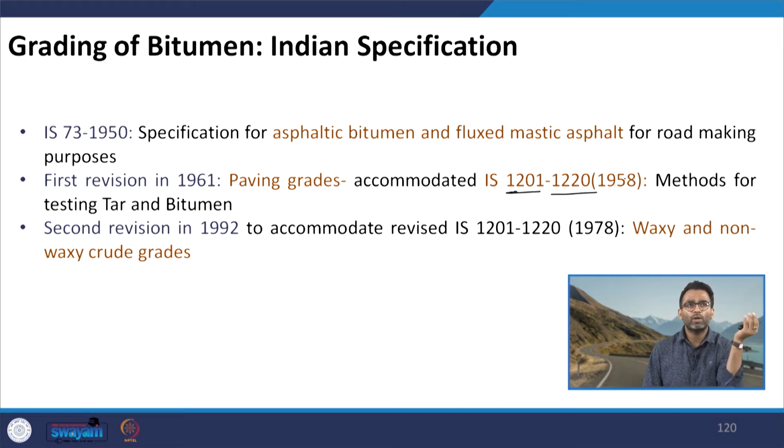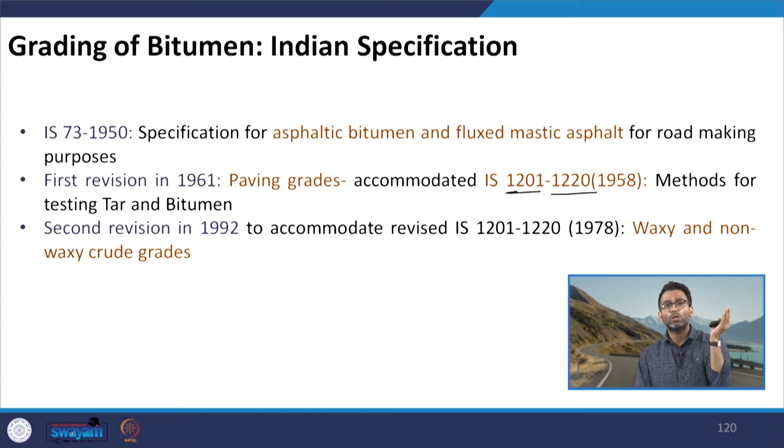So, it was found that bitumen with high wax content at low temperatures, they are more susceptible to thermal cracking because they become very stiff, and at high temperatures they become excessively soft. Though these different bitumens, the non-waxy and waxy bitumens, can have the same consistency at intermediate temperature, but at very low temperature and very high temperature they showed very different behaviors.